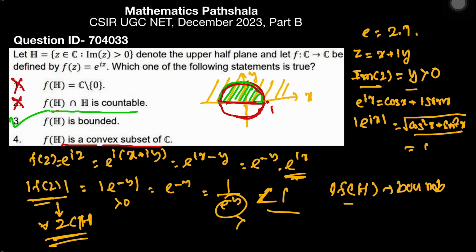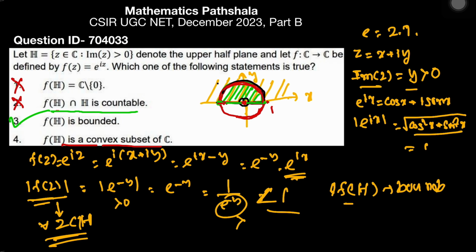So if you go to this curve, then the 0 point does not belong to f(H). Now if you take this point and this point, the line segment of these 2 points would be like this, but we can see that the 0 point does not belong to this curve.